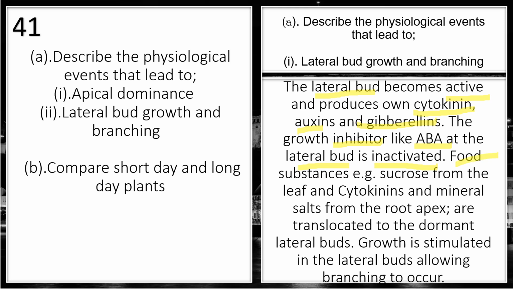The food substances, for example sucrose from the leaf and cytokinins and amino salts from the root apex, are translocated to the lateral buds. Growth is stimulated in the lateral buds, allowing branching to occur.